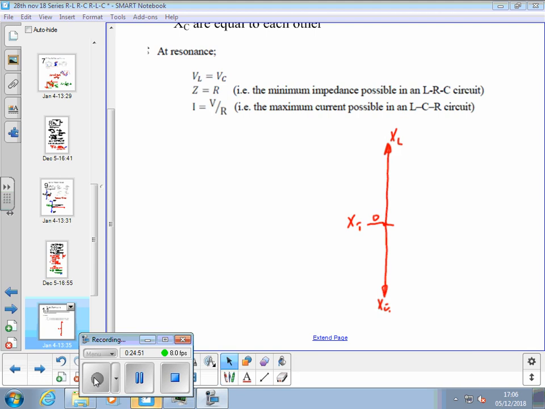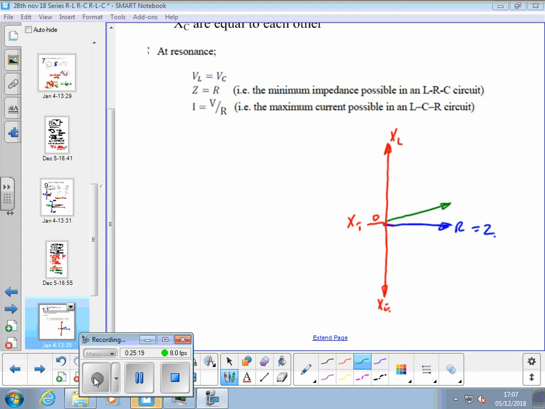So the only impedance in the circuit is the resistance R. If we change frequency such that this line gets longer, I'm going to draw the impedance up that way.